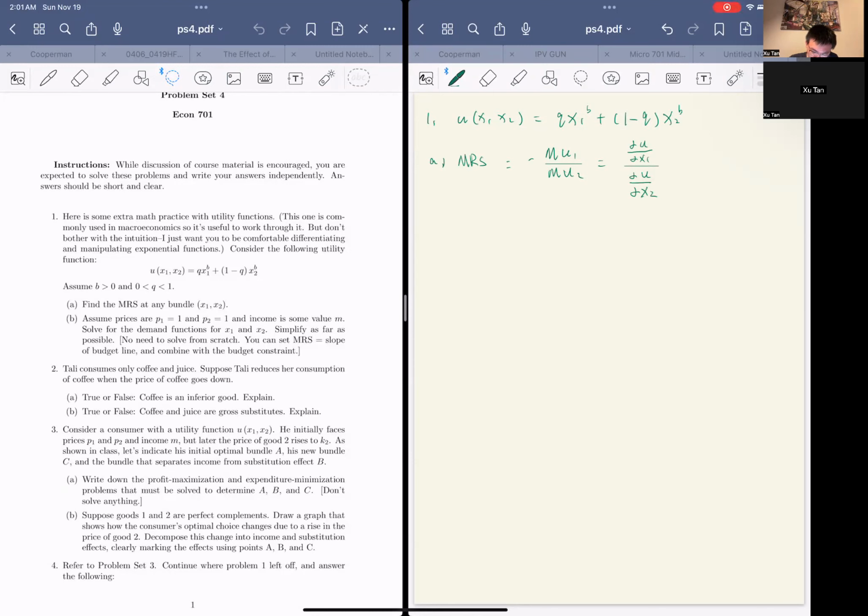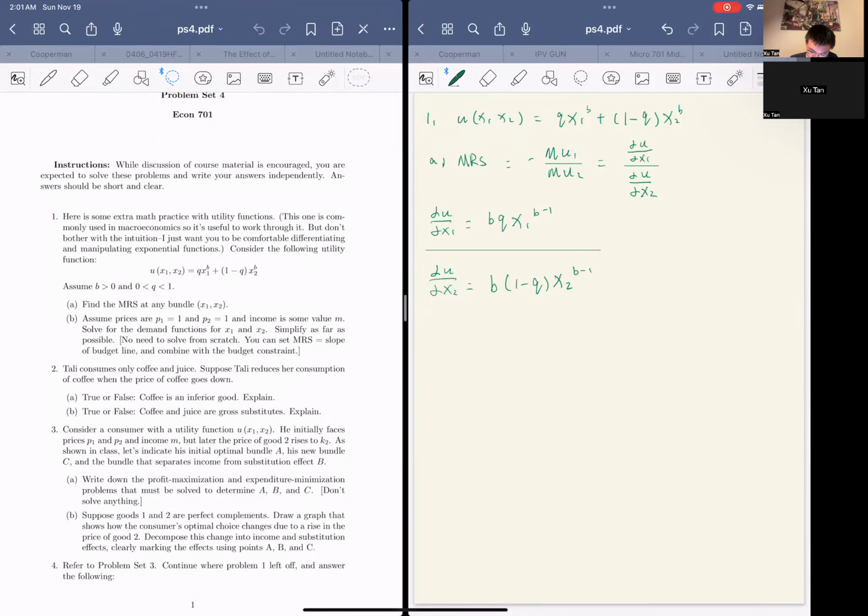So let's find the first part. du/dx1 is equal to b q x1 to the b minus 1, and du/dx2 is equal to b (1 minus q) x2 to the b minus 1. Okay, and then we divide them.